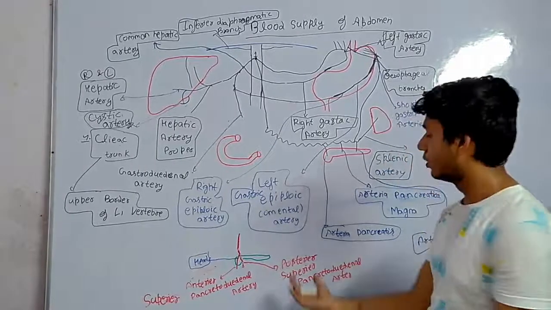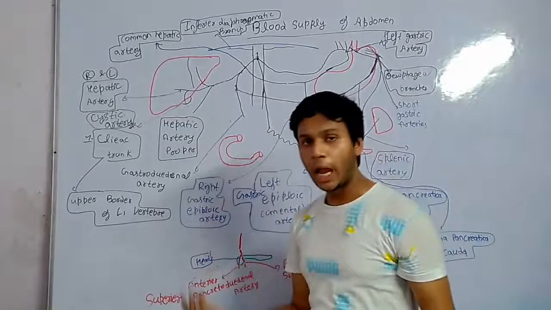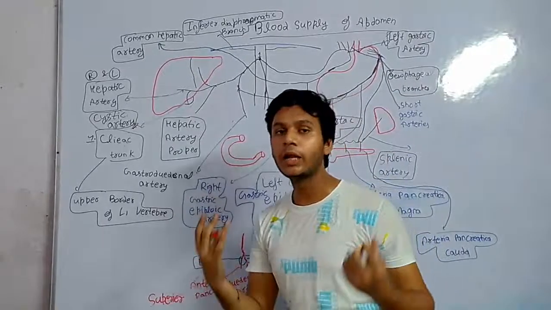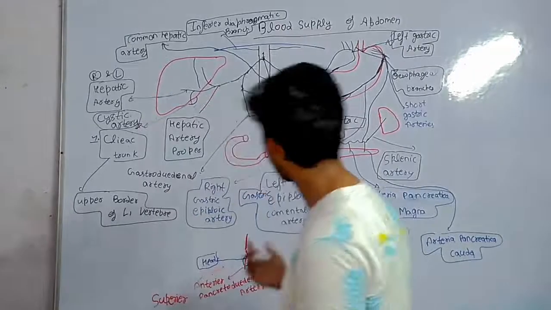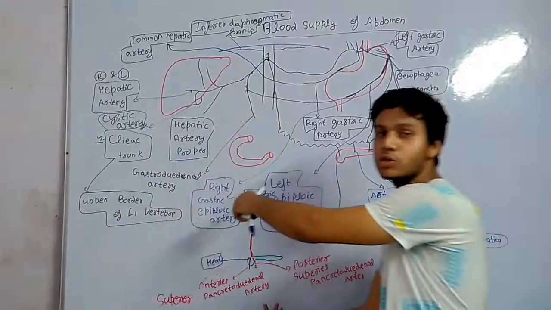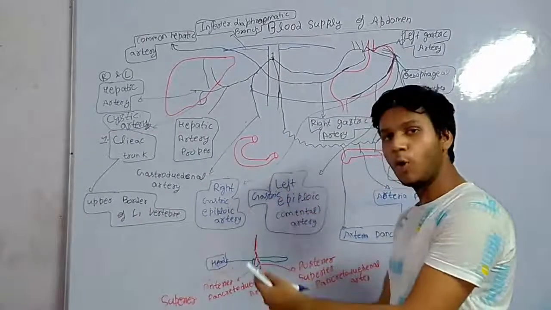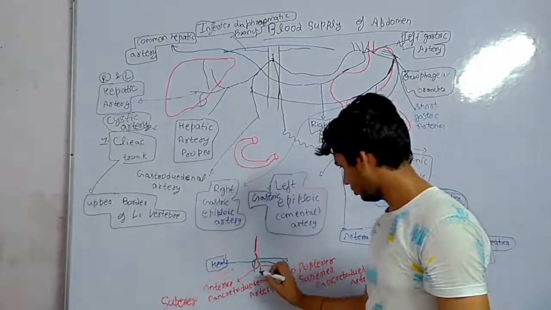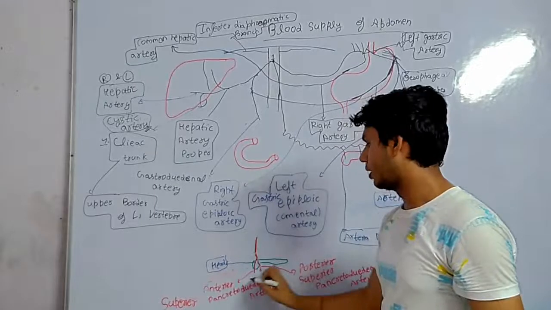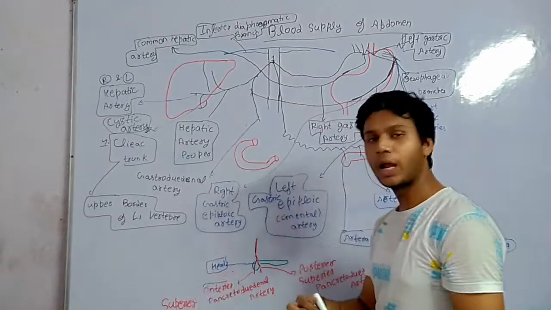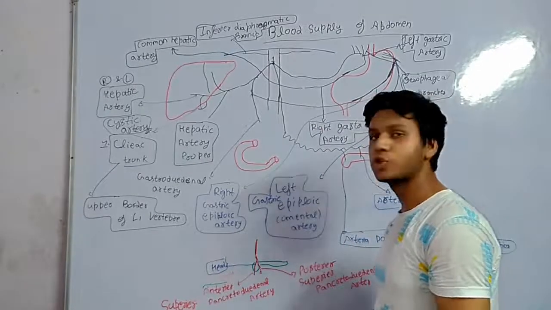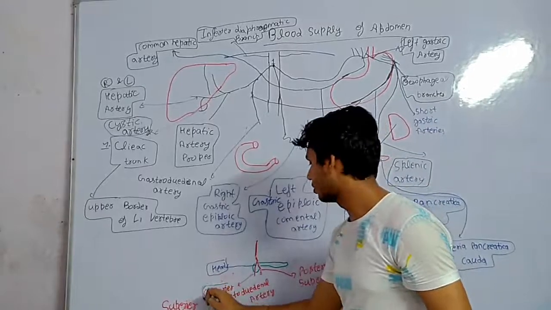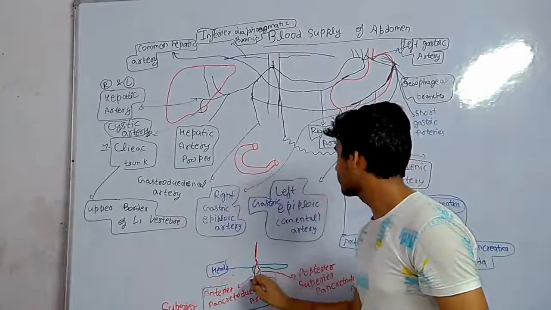From below there are the anterior inferior pancreatoduodenal artery and the posterior inferior pancreatoduodenal artery, which come and anastomose around the head of the pancreas from the level below. That we'll cover next. Some branches come from below, supply it and anastomose around the head of the pancreas. So this is the course of the whole celiac trunk.